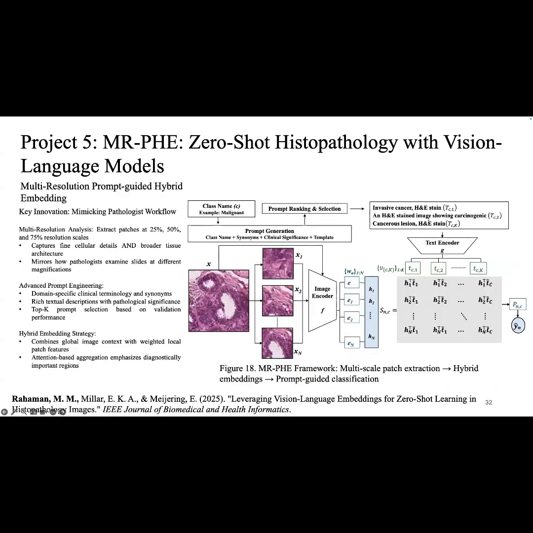So we have proposed MR-PHE, which mimics how pathologists actually examine slides. We extract patches from 3 different scales, then we implemented advanced prompt engineering, and then we implemented a hybrid embedding strategy.